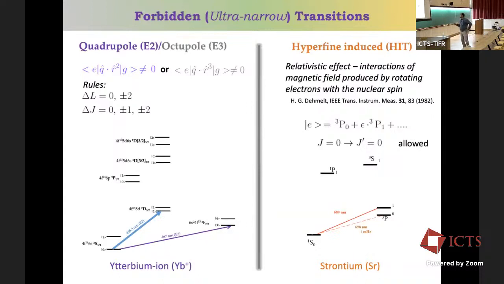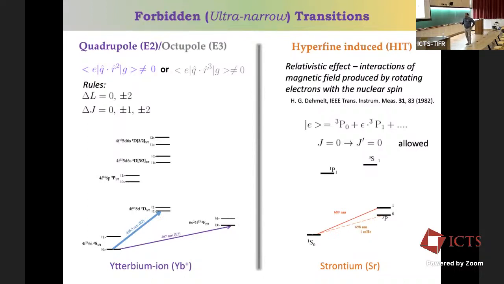This triplet P0 state is not a pure triplet P0 state, but due to hyperfine interaction, it has an admixture of other excited states. That admixture very slightly allows this transition, and that's why this is a highly forbidden hyperfine-induced transition. This is another kind of forbidden transition.